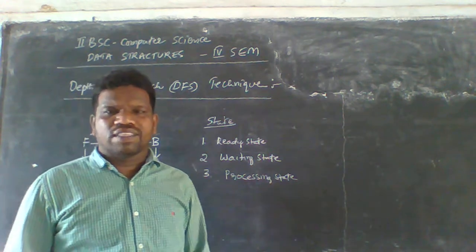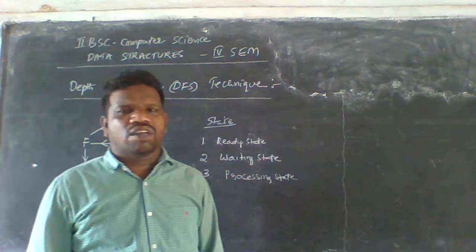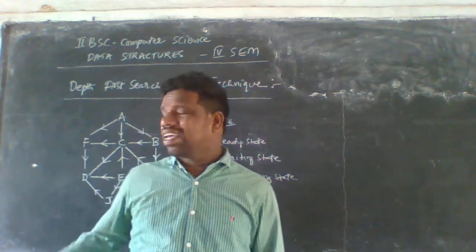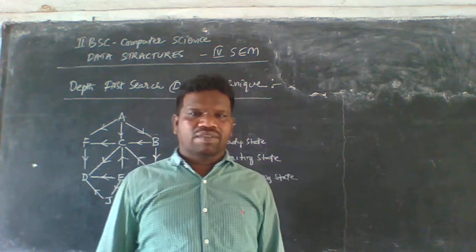The DFS always starts from the root node. It always starts from A, and A traverses by the direction of the directed edges.